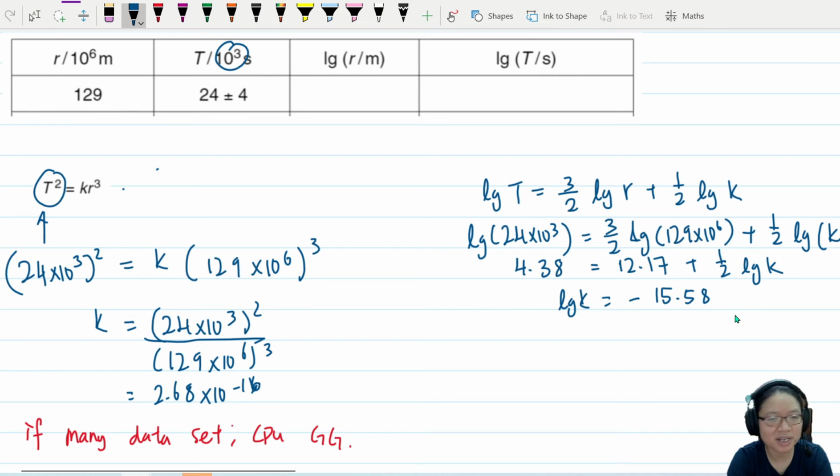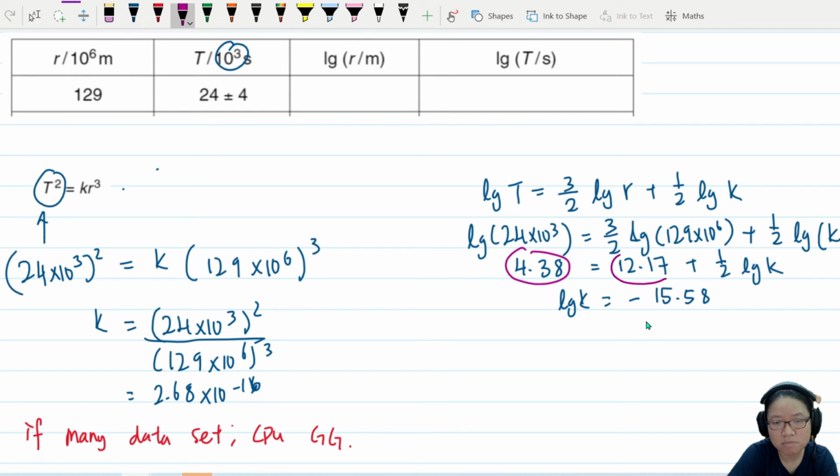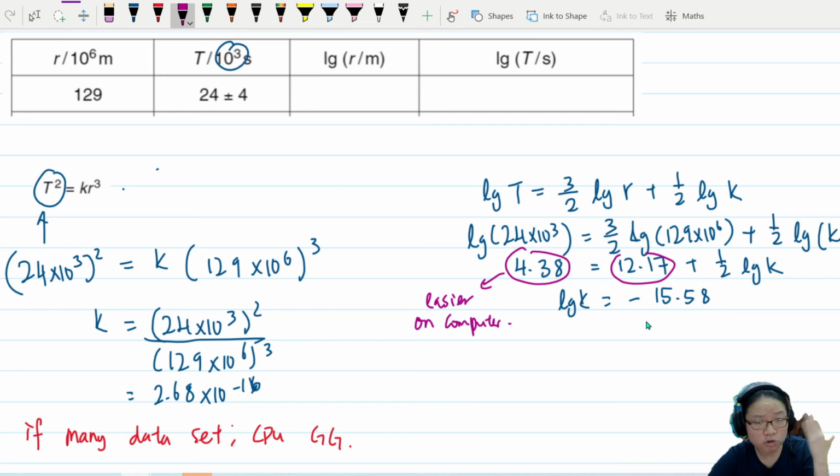So when your calculator is doing the computing, after we log, the numbers are smaller. All these are small numbers. It's easier to handle. No need to raise to a power, easier on the computer. No need for 10 to the power of something. Easier on your brain also, right?